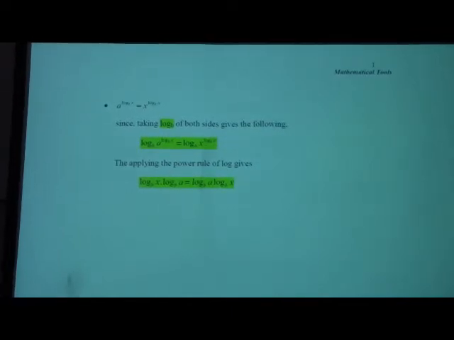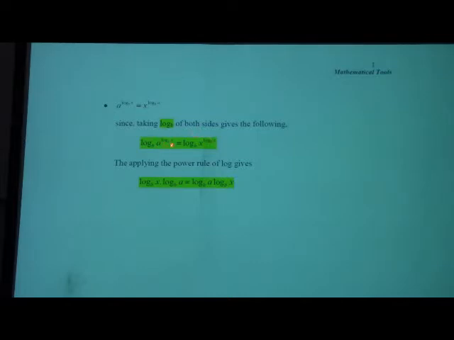The reason they're equal is, if you try to solve this problem, you could solve it by taking the log base b of both sides. So you take log base b of the left side, and it equals log base b of the right side. Now you have log base b of a to the log base b of x, and log base b of x to the log base b of a.